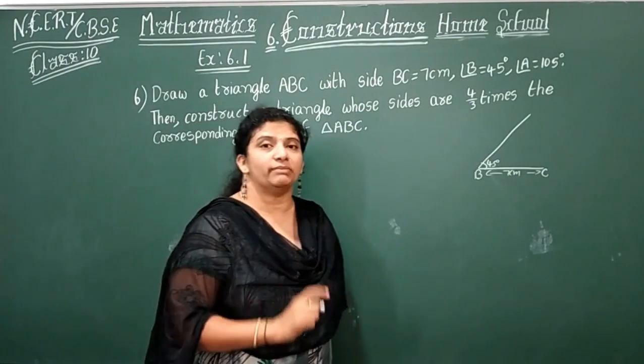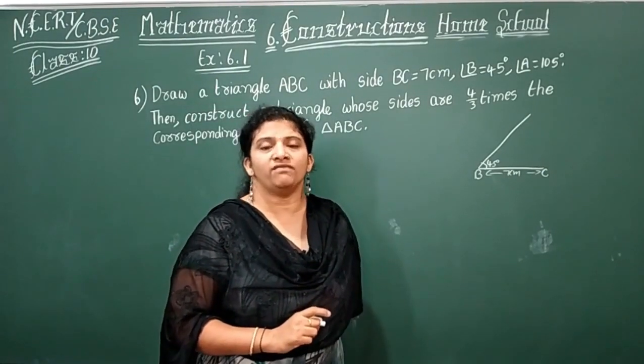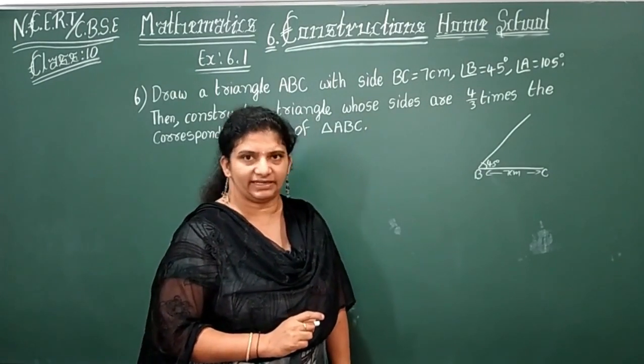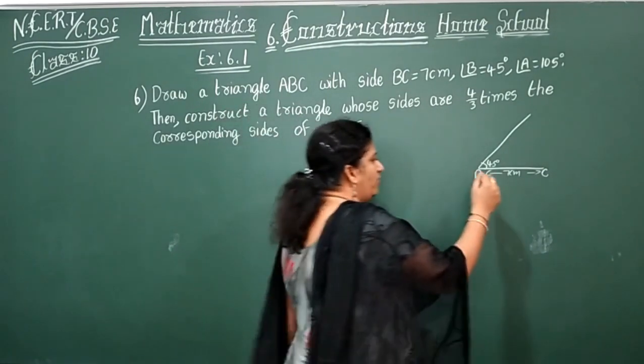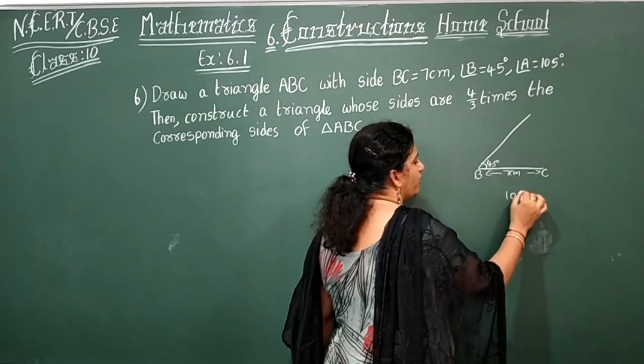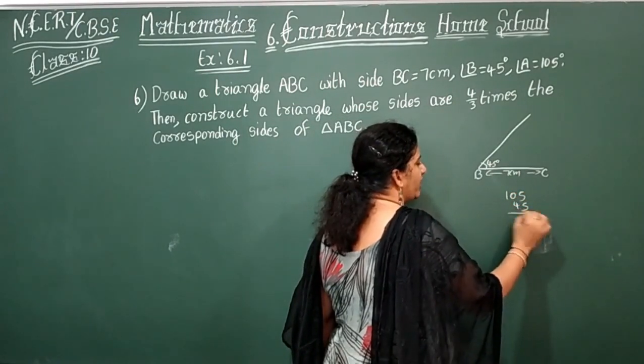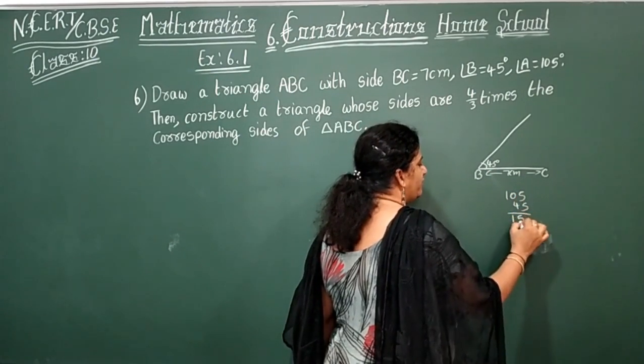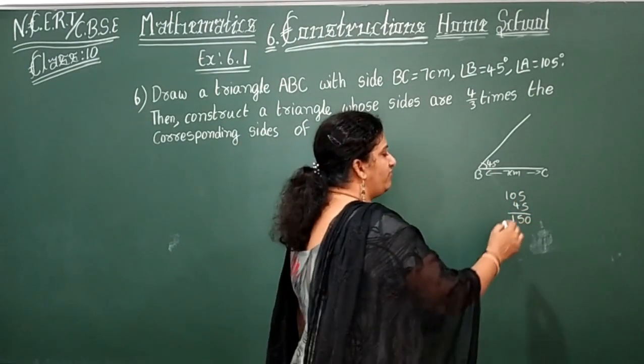But you remember one thing. The sum of the interior angles of a triangle is 180. Right? So now add 105 plus 45. It will be how much here? 150 degree.